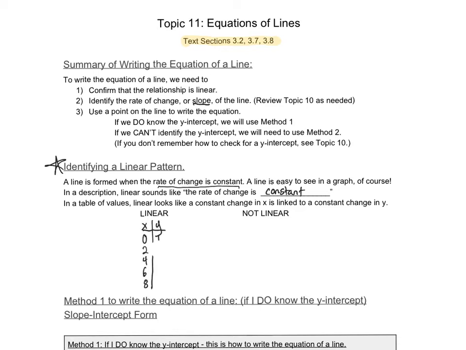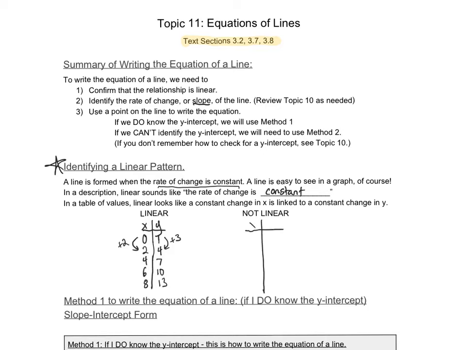So for example, if I add 3 every time, I might go 1, 4, 7, 10, 13. The key being that when I have a consistent rate of change in x, I also have a consistent rate of change in y.